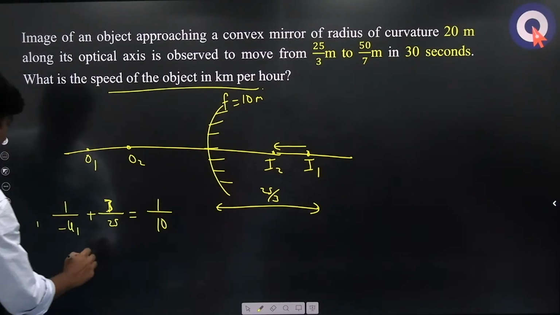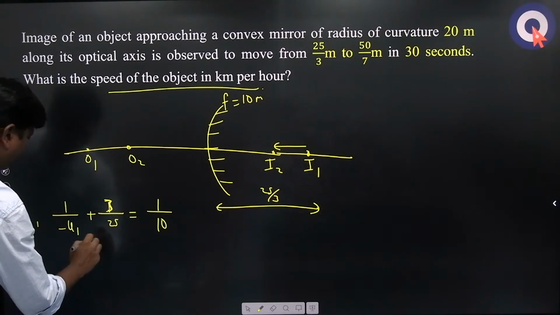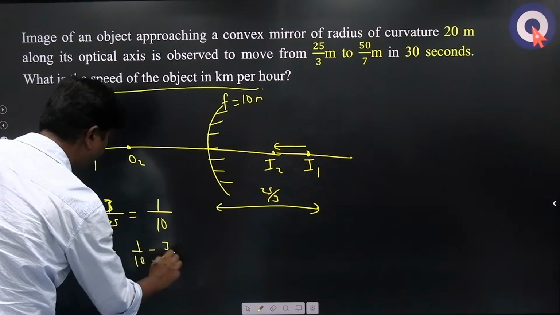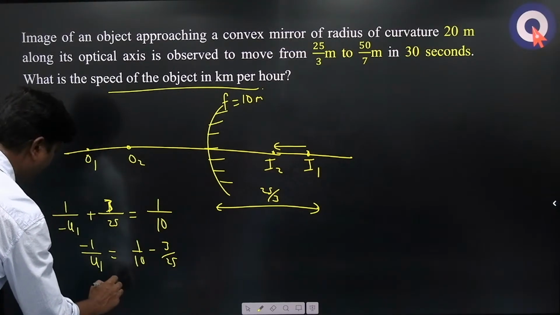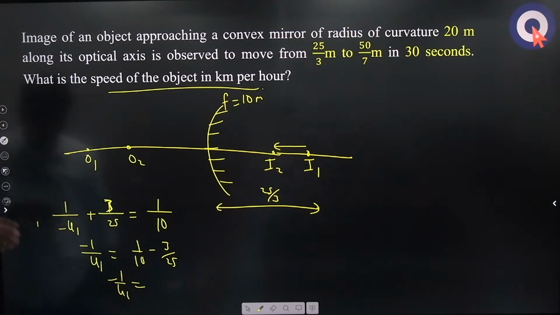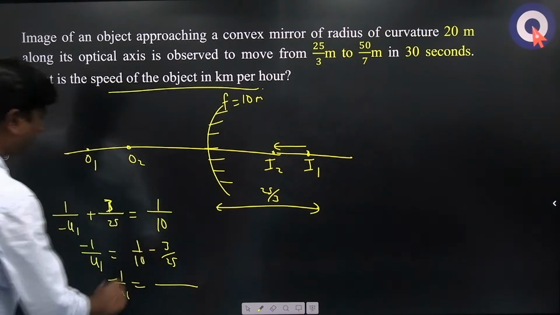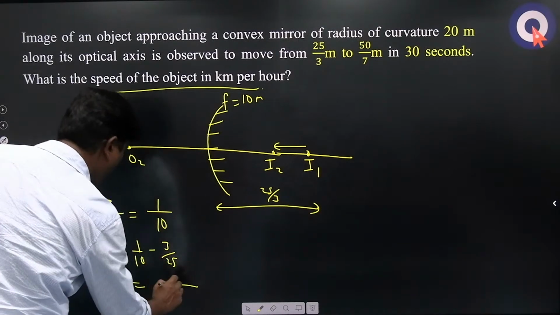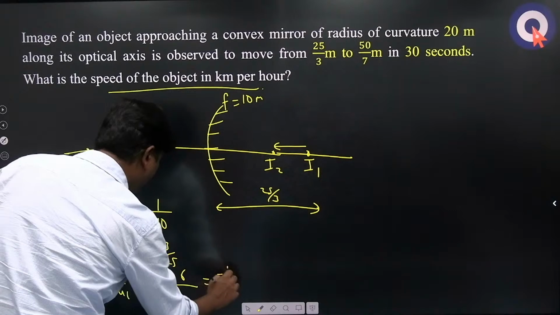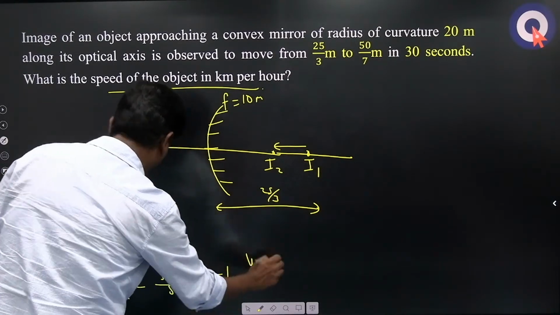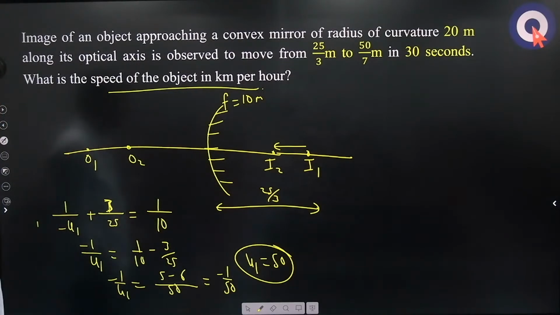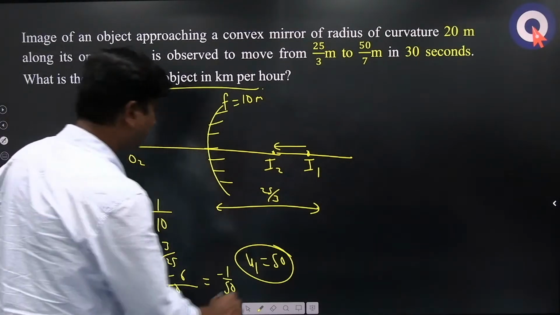So minus 1/u1 is equal to 1/10 minus 3/25. Just calculate the value of u1. That means u1 is exactly 50 meters.